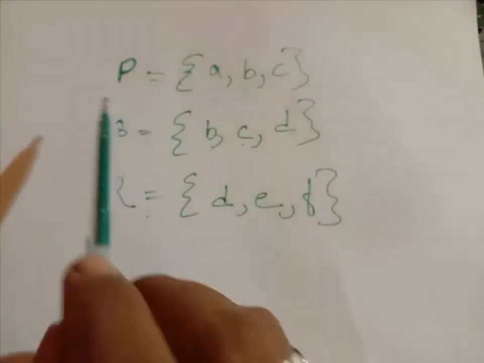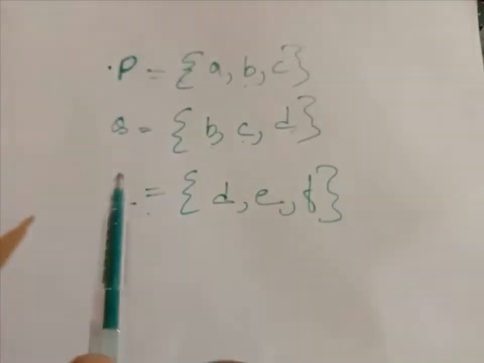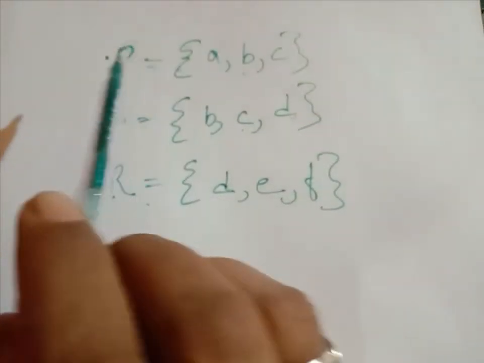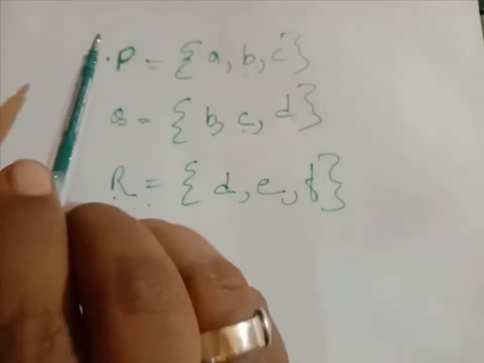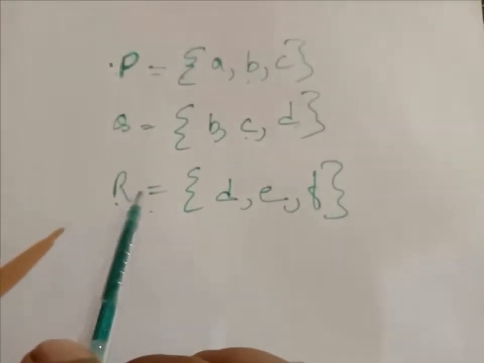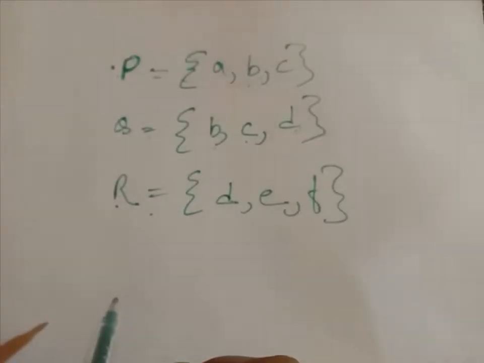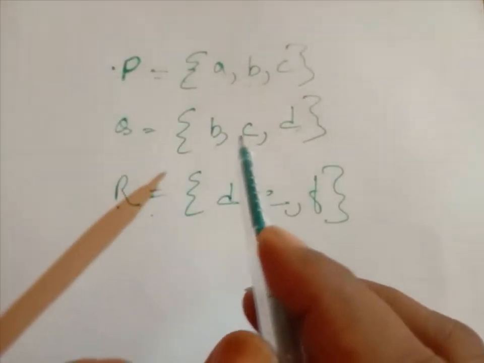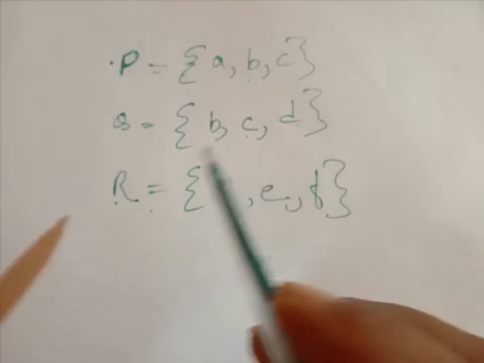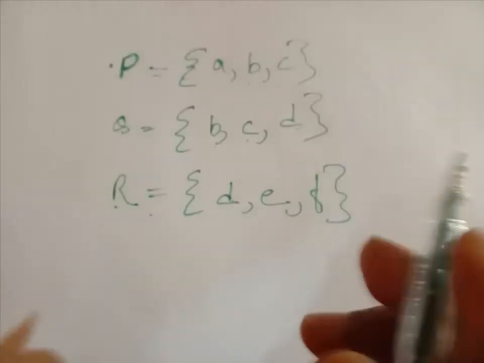But if we consider set P and set R, there are no common elements between set P and set R. So set P and set R are called disjoint sets. So if 2 sets have no common elements, then those 2 sets are disjoint.